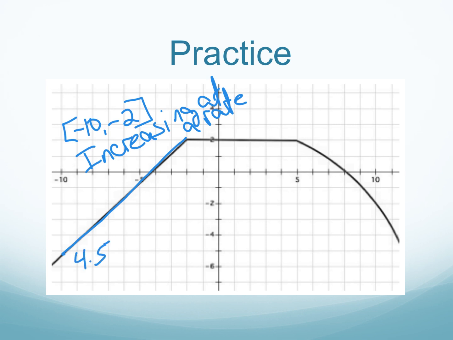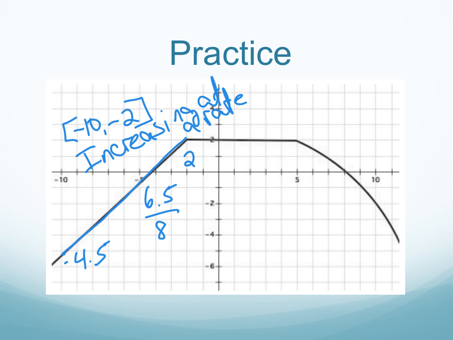Up here it is at about a 2. So it is, sorry, negative 4.5. So it's increasing by 6.5 over 8, so I've got a rate of change of 6.5 over 8, which I could do the math and figure out exactly what it is. It's going to be a little more than 2/3, or a little more than 3/4.